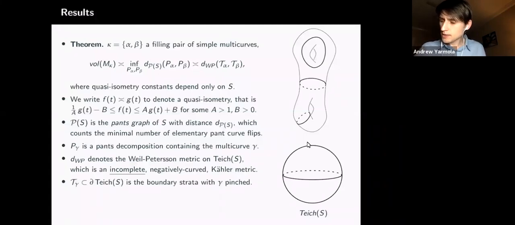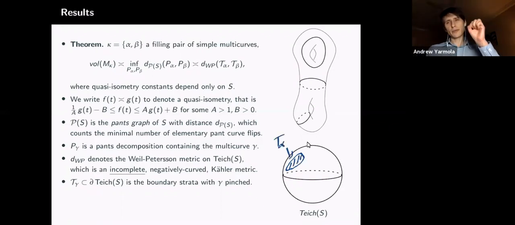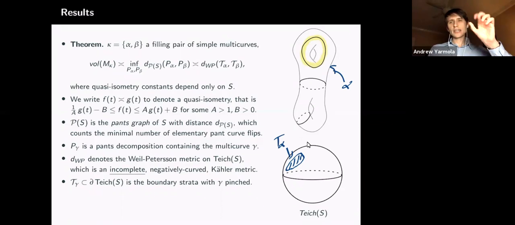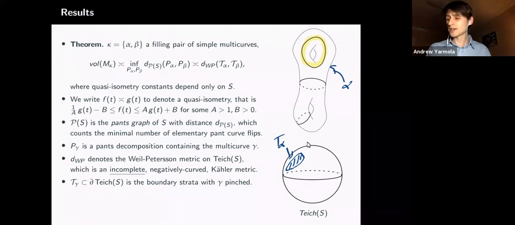And essentially, what they correspond to are what are usually called strata, where you take the curve alpha and you just pinch it on your surface. So if this guy was alpha, let's just pick one, and you imagine pinching that curve, you're going to get a surface with a node, sort of a cusp, and now it has its own Teichmüller space, and essentially that's the Teichmüller space you're attaching over here.